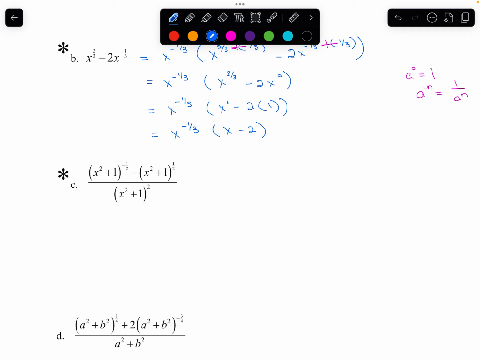I'm going to put an equal sign over here so I can make space. This is going to be 1 over x to the 1/3 times x minus 2, which is x minus 2 over x to the 1/3. Now we're done.